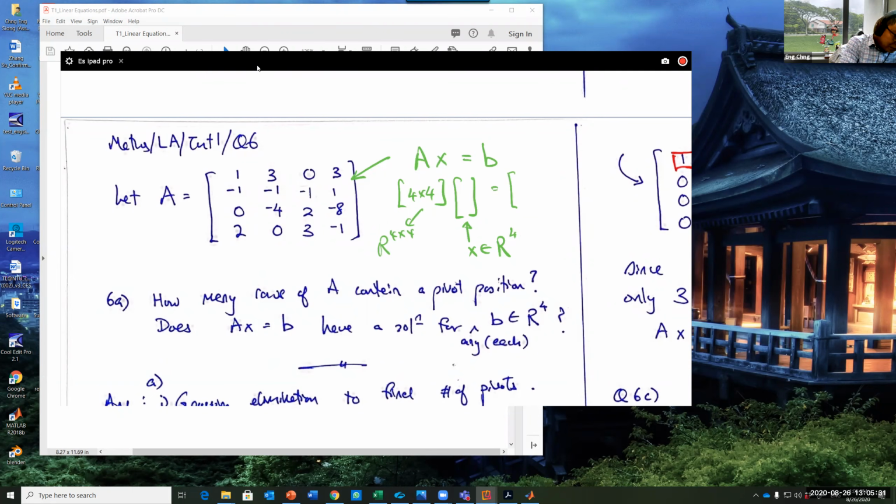All right. Now remember that for matrix multiplication, the size matters. So if our A is a 4 by 4 matrix, this guy must be a 4. If it's not a 4, we cannot do multiplication of matrices and vectors. Now the second value here can be anything. It can be 2, can be 3, can be 1.